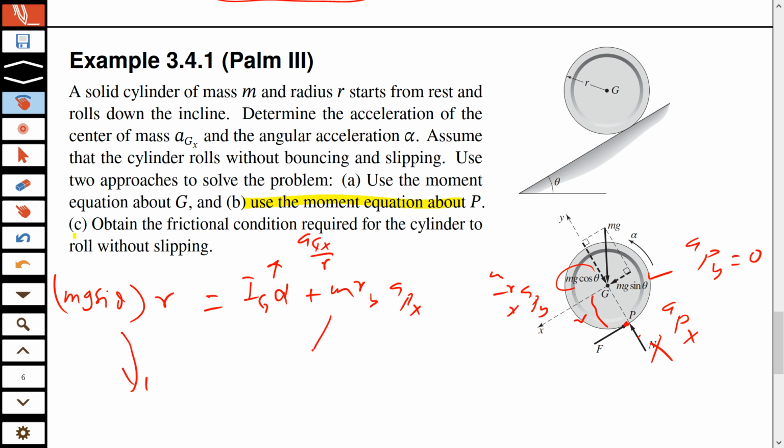So this is an alternative, and similarly you can combine this with force balance and you can eliminate the intermediate variables. So this is just a practice for you.